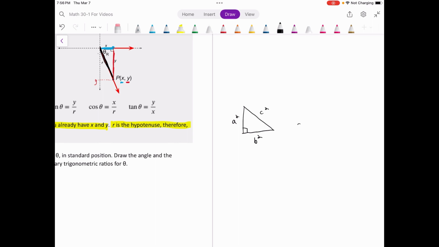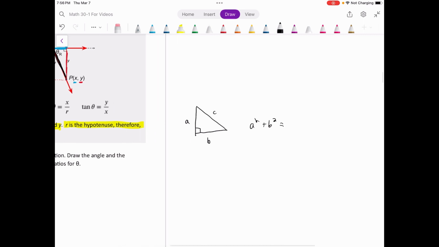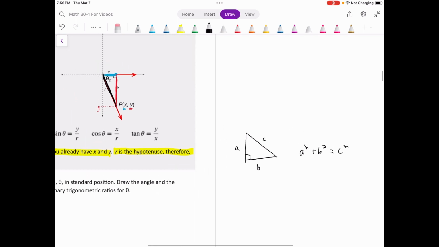So those two squared equal, whoops, I don't know why I put the squared there. Sorry, that shouldn't go there. It does belong in the equation, but not on the actual triangle, obviously. The side lengths a, b, and c, right? This side squared plus this side squared equals this side squared. So take that and apply it to our reference angle: x squared plus y squared equals r squared, okay?